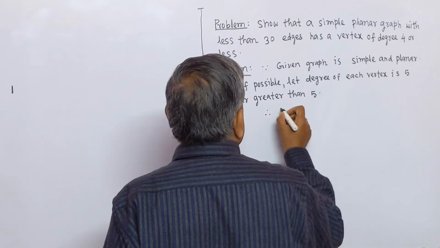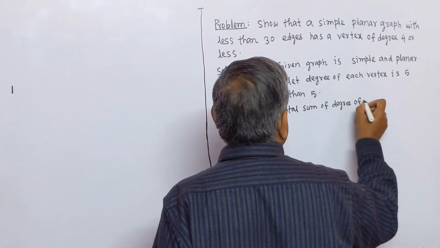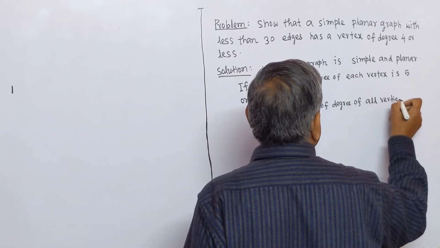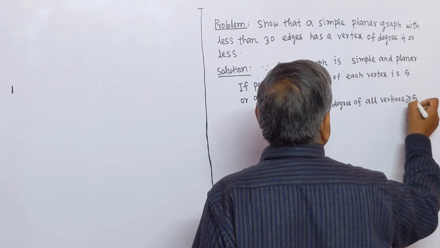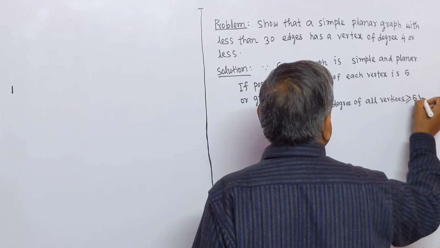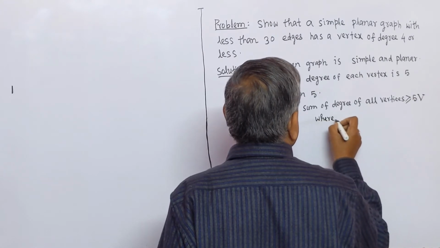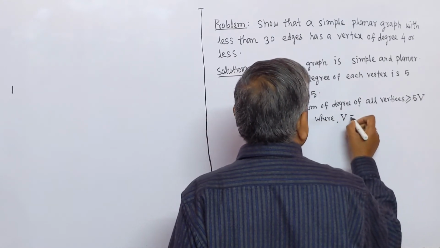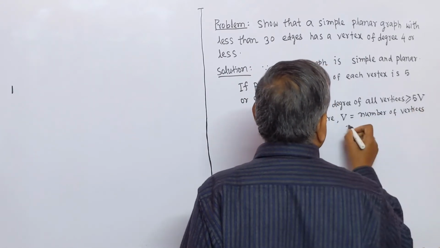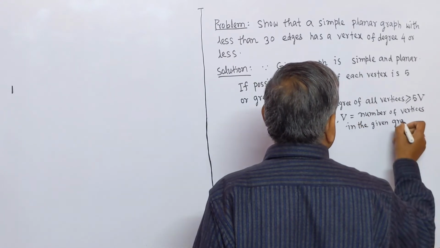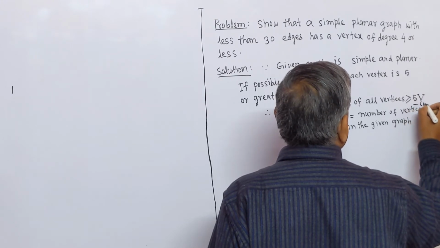Therefore, the total sum of degrees of all vertices is greater than or equal to 5 multiplied by the number of vertices V, where V equals the number of vertices in the given graph. Let this be number 1.